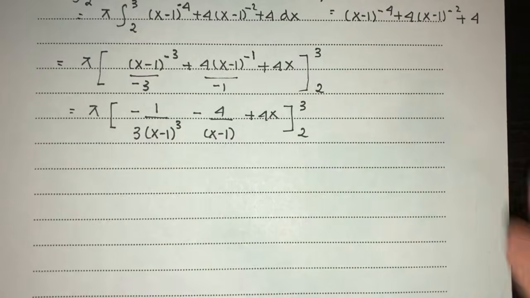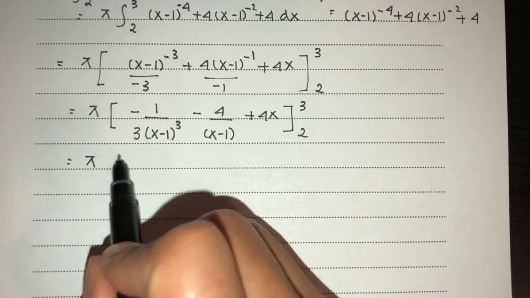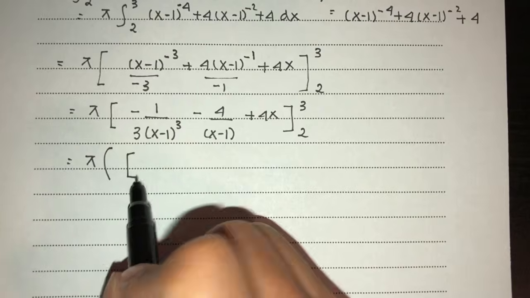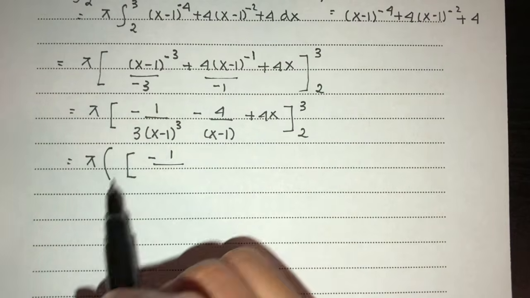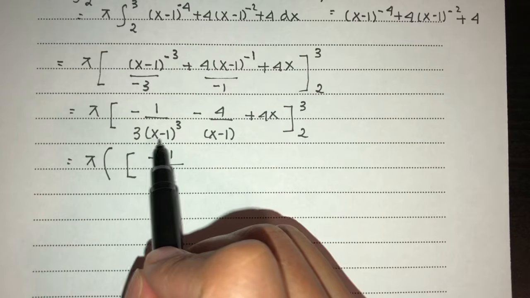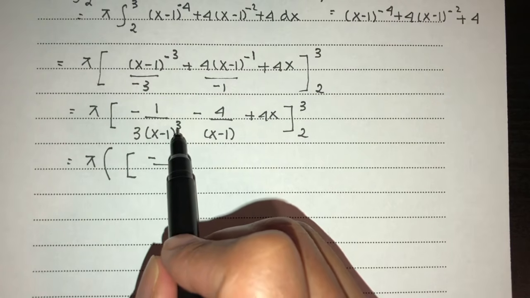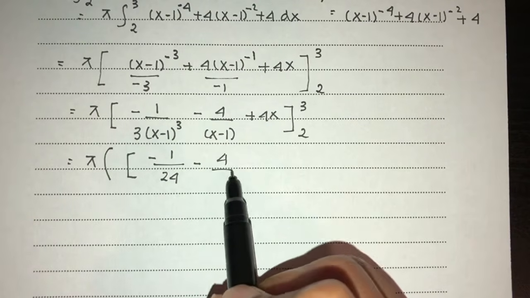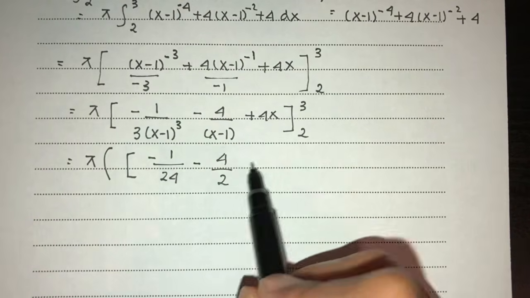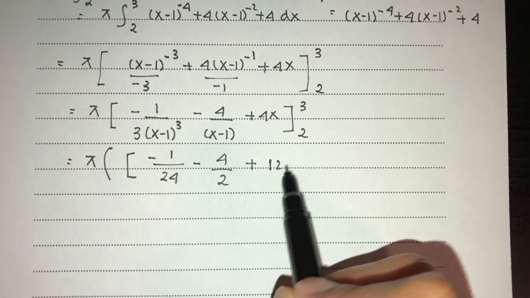Now let's replace one by one inside. For the first one, 3 minus 1 is 2. 2 power 3 will be 8. 8 times 3 will be 24. Minus 4 over 2, plus 12.